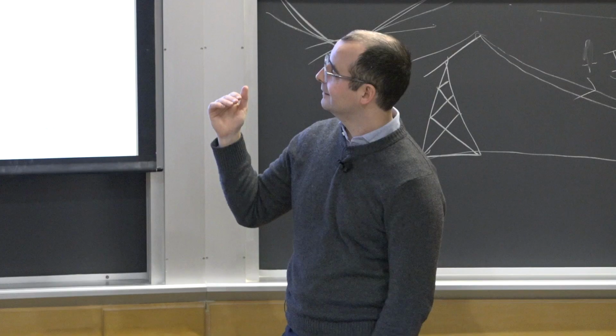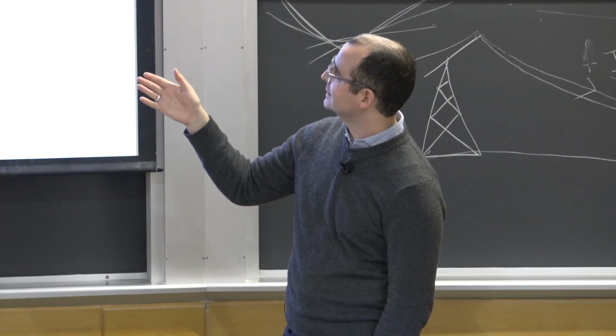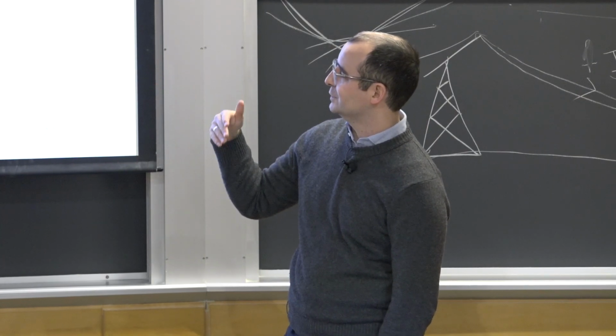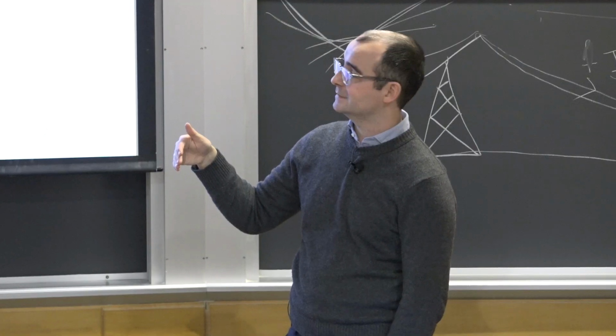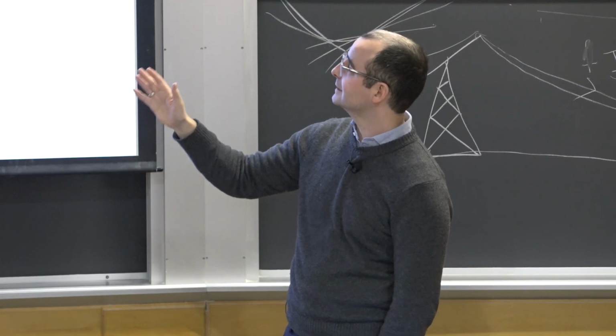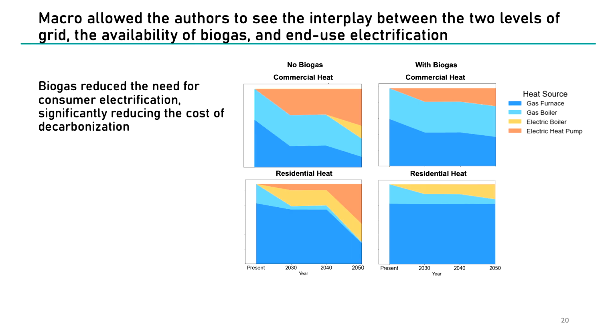So we're saying in that first residential case, gradually people are switching to electric boilers and heat pumps when there's no biogas. And in the with-biogas case, the heat pumps essentially disappear. Some people still use boilers, but the vast majority use a gas furnace that's now powered primarily by biogas or a biogas-natural gas blend.